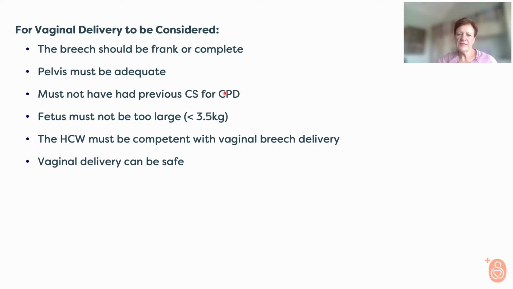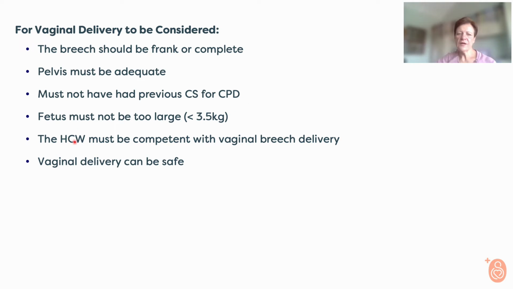That's also obvious. If there was a previous CPD, the chances that there will be a CPD again are very big. The fetus must not be too large, again, because then the possibility of a CPD is too big. And as I've said several times, the only time you will find out that there's a possibility of a CPD is after the body of the baby has already been born.